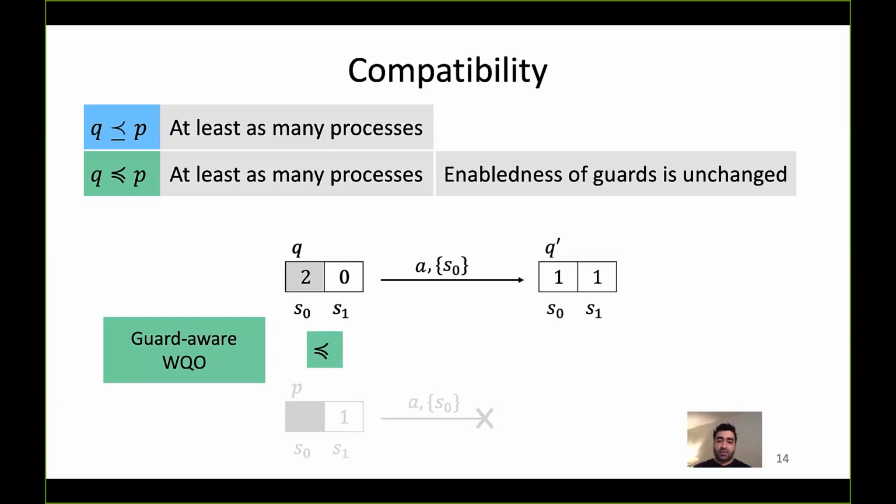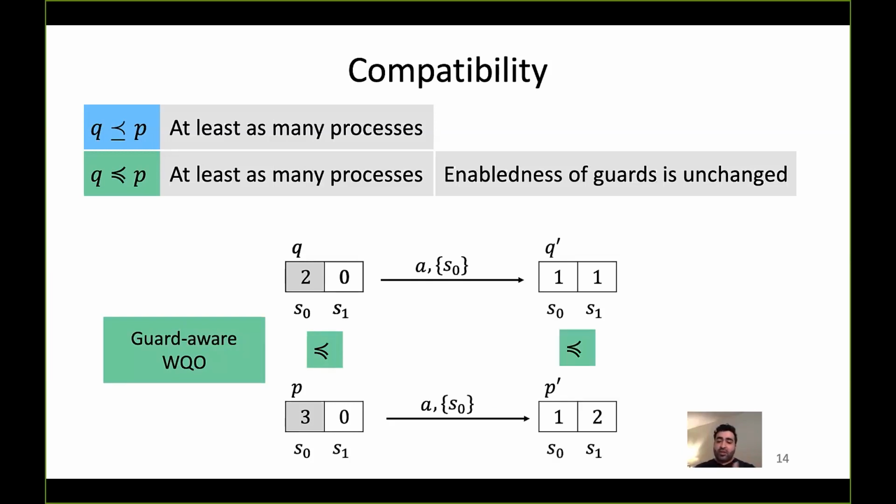So consider a state P that is comparable to Q according to this well quasi-order. So what do we know now? We know that, one, the transition can still fire because we have at least as many processes in every local state, and the guard is still enabled. So this transition can fire and will lead to some state P prime.